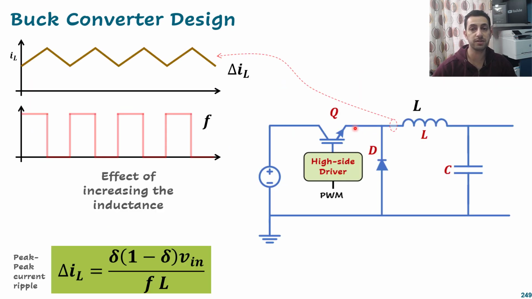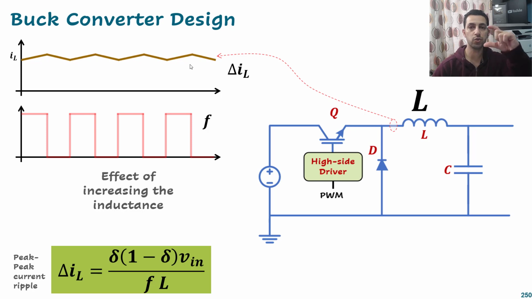The second parameter we want to change is the inductance. As the equation tells us, increasing the inductance decreases the ripple. As we see here, we maintain the same frequency but increase the inductance, and the difference is shown here as a reduced ripple amplitude compared with the previous one, while the frequency of the ripple is the same as the switching frequency because it does not change.